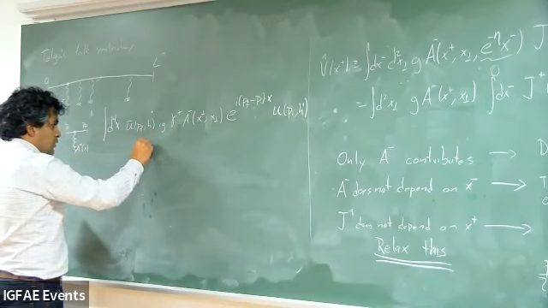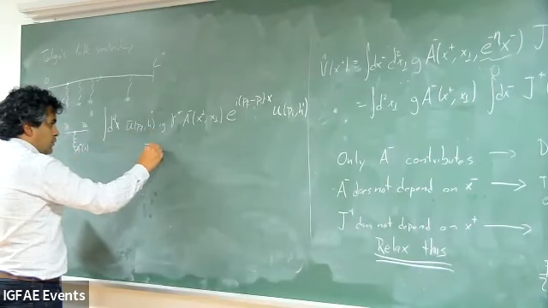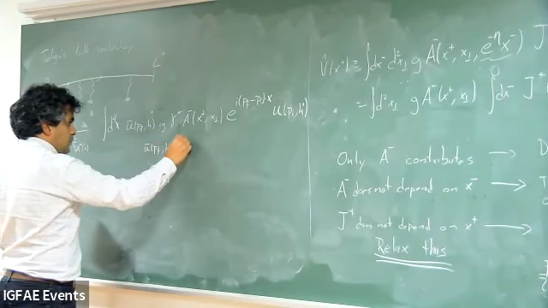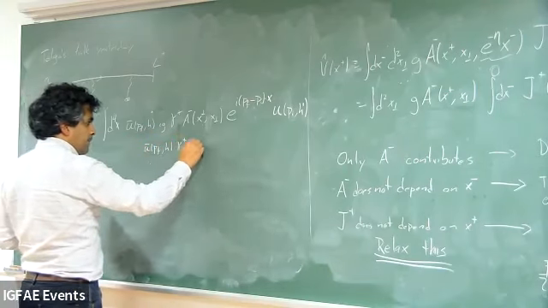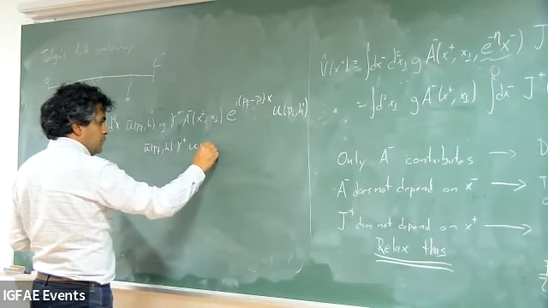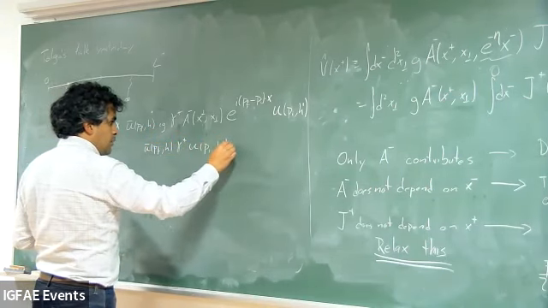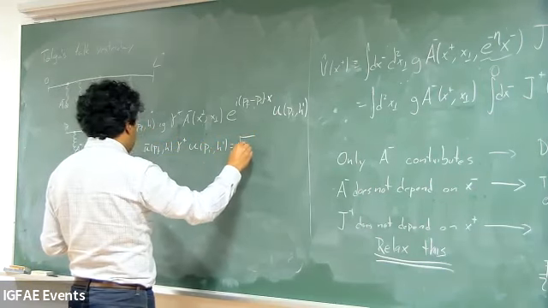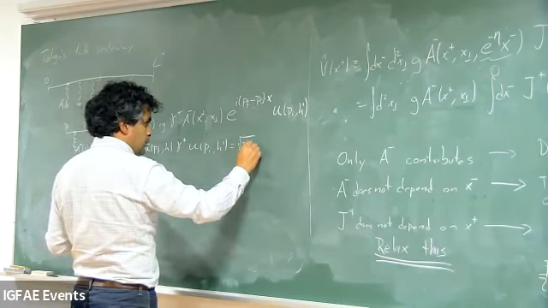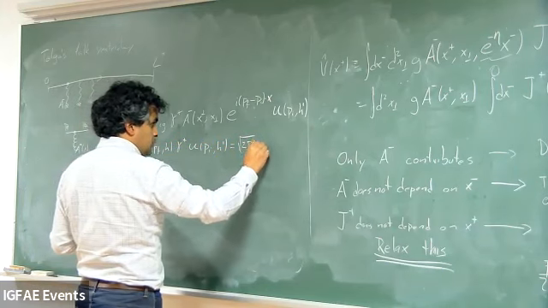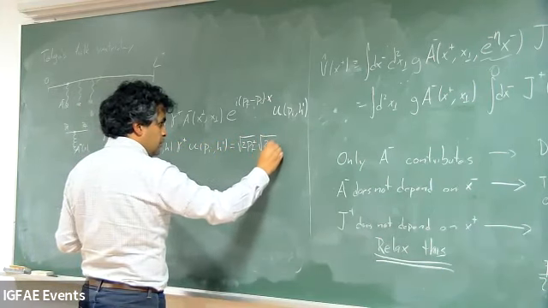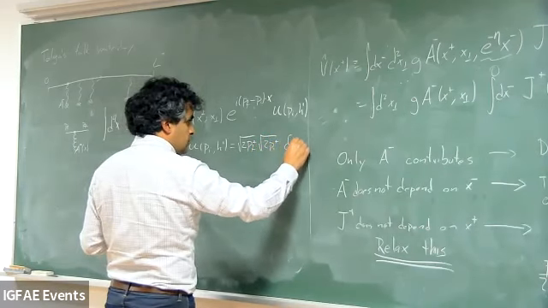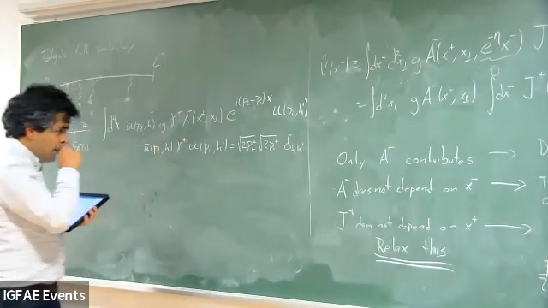This is u bar of p_f, some helicity, gamma plus, which is equal to the square root of 2 p plus times a function of h prime.